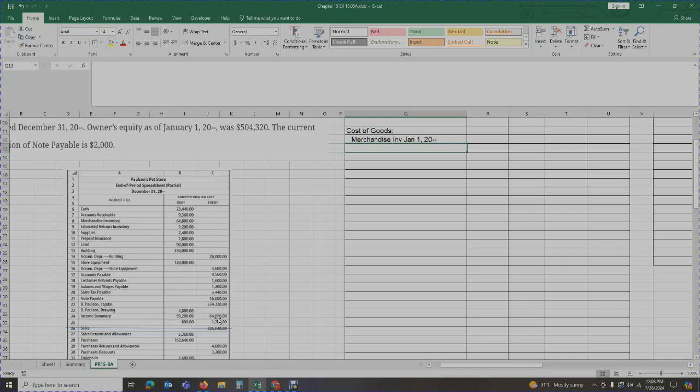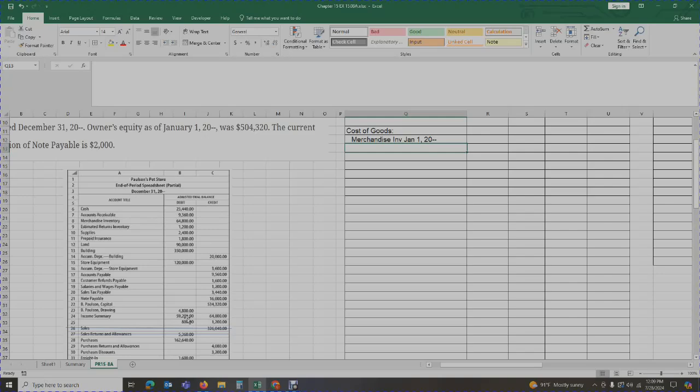So we close out our beginning inventory of $59,200 and update it with the new inventory of $64,800. The credit on income summary should match your ending merchandise inventory up here of $64,800.